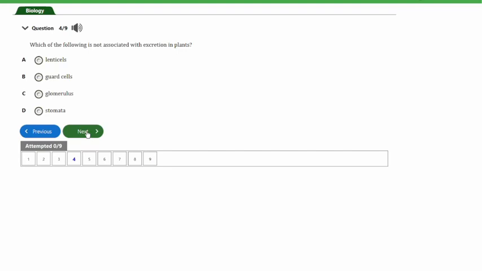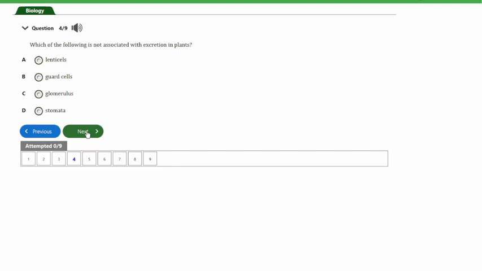So guys, glomerulus is actually associated with excretion in animals. Specifically, the glomerulus is a network of capillaries that is found in the kidneys. Basically, it's found in the Bowman's capsule of the kidney, and that's what helps to filter urine into the renal tubules, the tubules of the nephron.